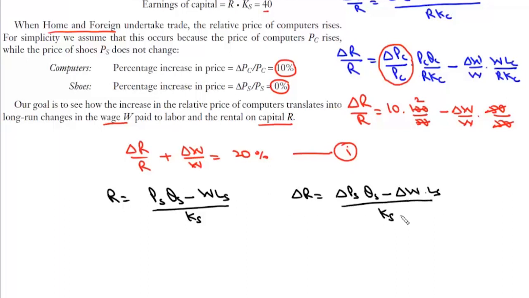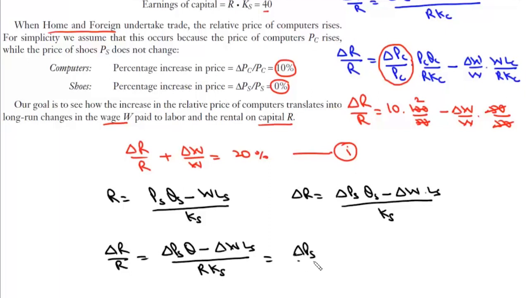Again we'll find the percentage change, so we can write delta R upon R will be equal to delta PS into QS minus delta W LS, and this is R into KS, and we can split this as delta PS upon PS into PSQS upon RKS minus delta W upon W into WLS upon RKS.